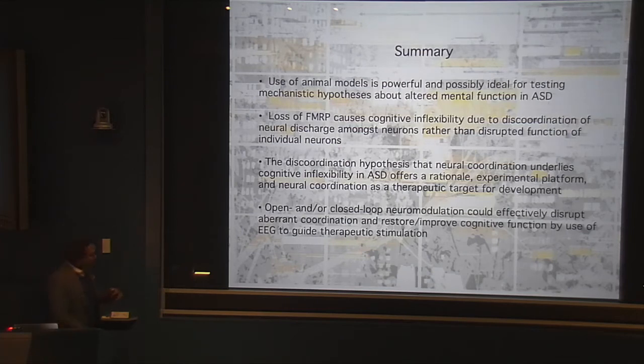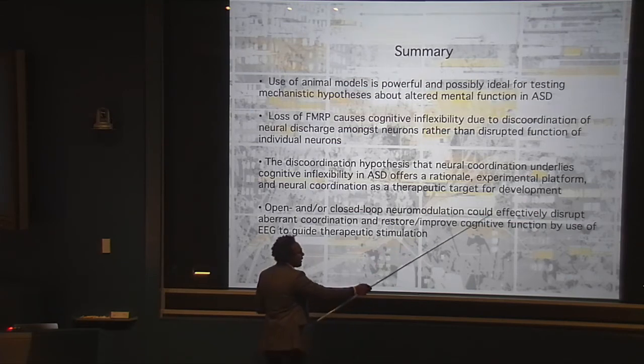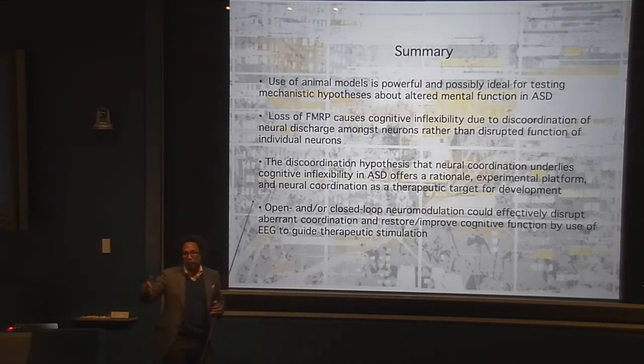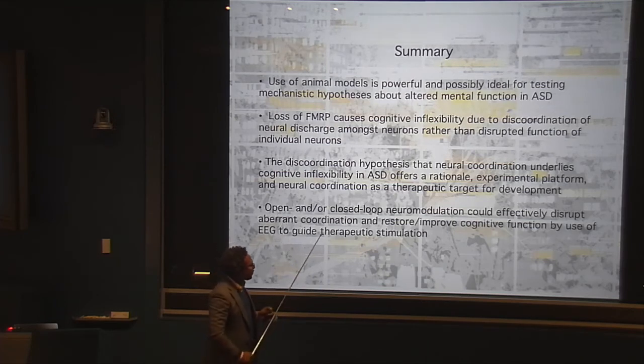And finally, one of the things that we're trying, in an open or closed loop system, is to stimulate and do what would be called neuromodulatory tricks, the kinds of things you would recognize with a cardiac pacemaker. It's these manipulations that show us that we might be able to effectively disrupt this abnormal coordination. When the brain is stuck in the recollective mode, when it should be confronting and collecting new information, we can stop that by this kind of stimulation, which might provide at least an interesting therapeutic target.